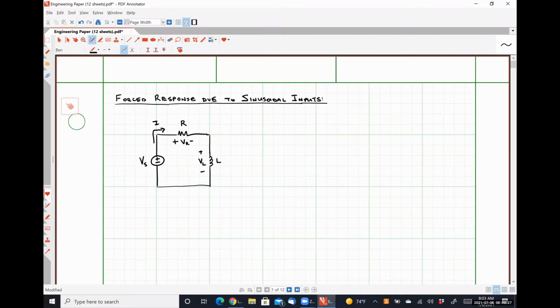In each of these cases, we observe that when we apply a DC forcing function, all three of those possible responses are also DC quantities.